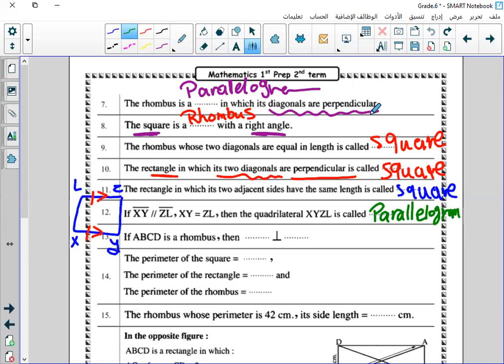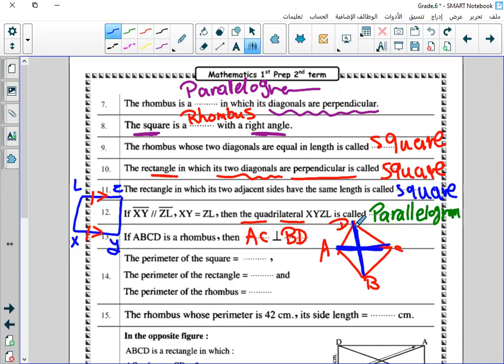If ABCD is a rhombus, then AC is what with BD? If we have a rhombus ABCD, AC is perpendicular with BD, okay?